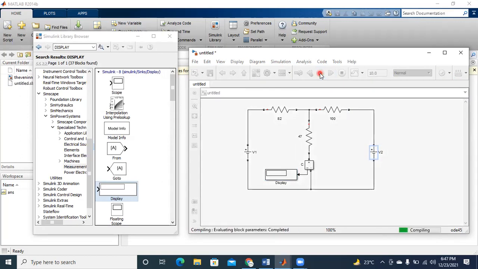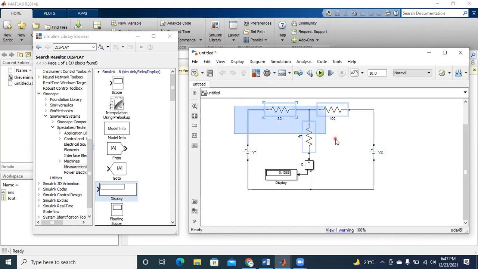Compiling will take a moment, and after that your display will be complete. It is displaying around 0.1385 amperes.